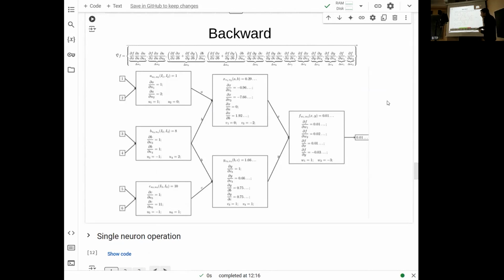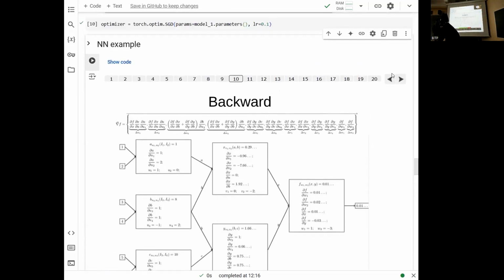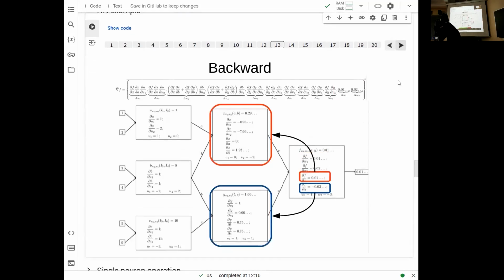I have partial derivatives in each of the neurons, but I want to get the gradient of the function, which means the derivative of the function with respect to all the parameters that live in this neuron. And I do that with the so-called backward pass. Some of them can be plugged in right now. Some of them are calculated.